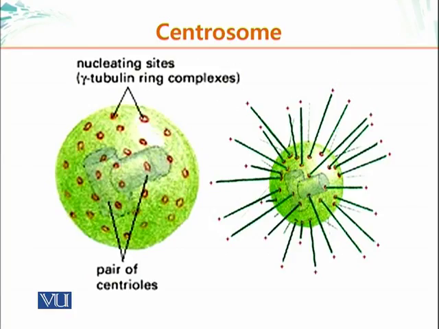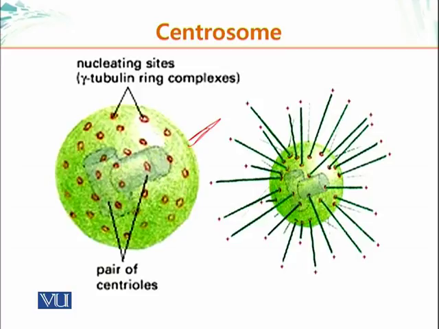So here's the structure of centrosome. Here you can see there are a pair of centrioles. These centrioles are embedded in this amorphous material, which is surrounding this pair of centrioles. In this amorphous material, you have the gamma TuRCs or gamma tubulin ring complexes, which are the nucleating sites for microtubules.